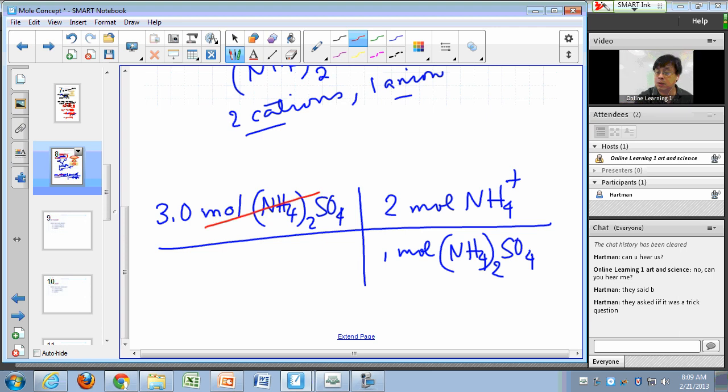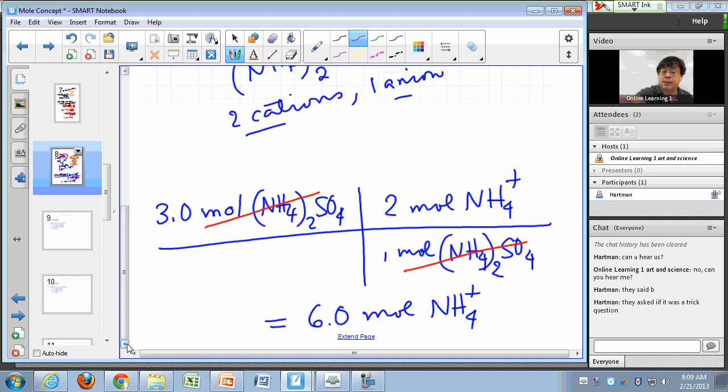So moles of ammonium sulfate cancels out. That gives you 3.0 times 2, 6.0 moles of cations. Our cations happen to be ammonium ions. Okay?